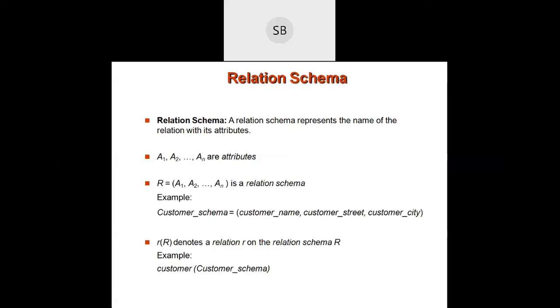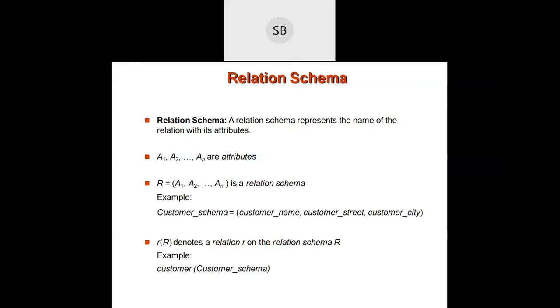So you have to display the schema to represent the name of the relation with its attributes. Small r is a table name and capital R is the schema. So it denotes small r in brackets capital R, a relation r on the relation schema R. For example, customer in brackets customer underscore schema.